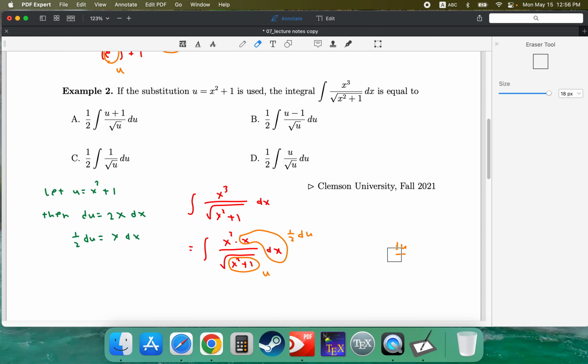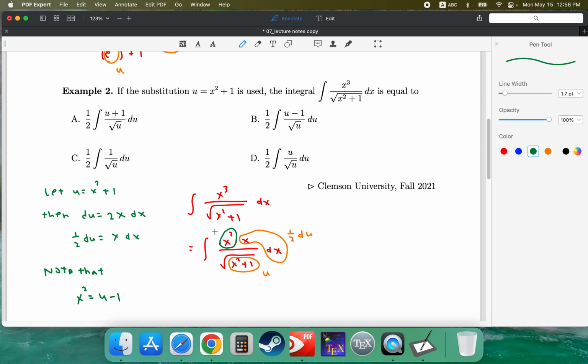So that means we need to figure out a way to change x squared. You notice that this is your setup: your u is x squared plus 1, and we do have an x squared right here. So let's try to solve for x squared. Right here, x squared is u minus 1. That means x squared right here can be replaced by u minus 1.